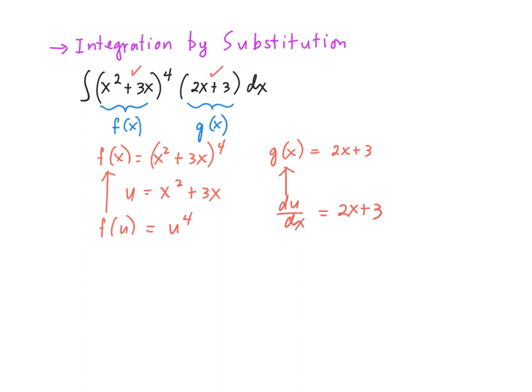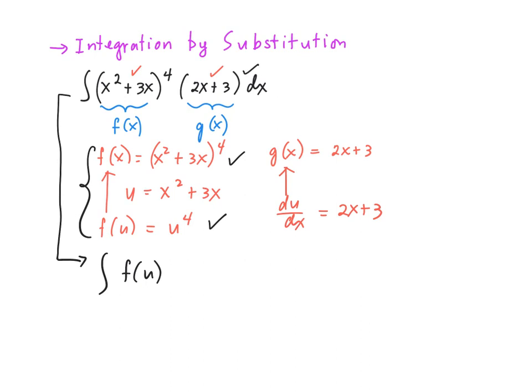Once we have established that one function is a derivative of part of the other, let's use what we have found out here to transform this into a much easier function. So now, x squared plus 3x to the power of 4 is transformed to f of u. 2x plus 3 is now transformed to du dx.